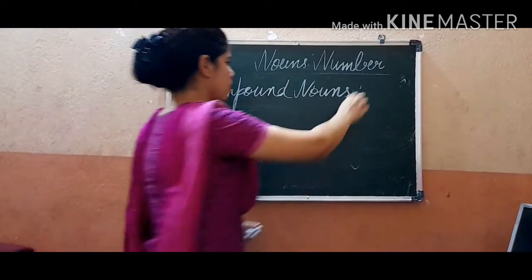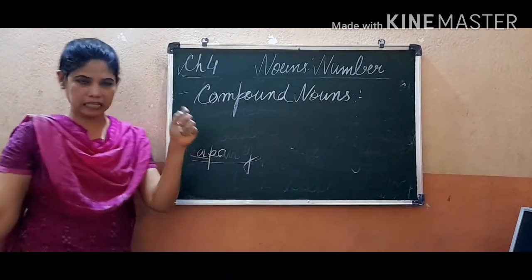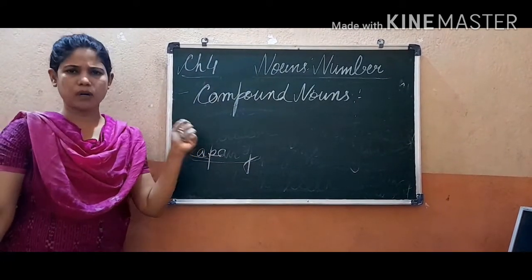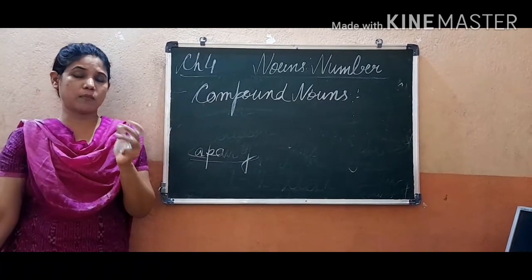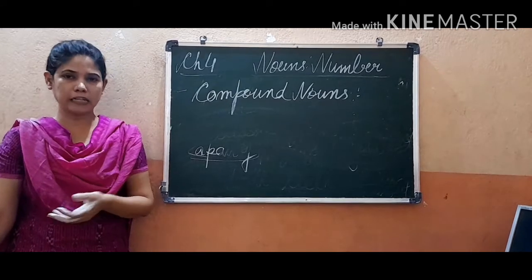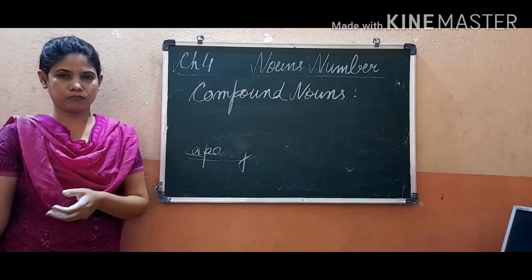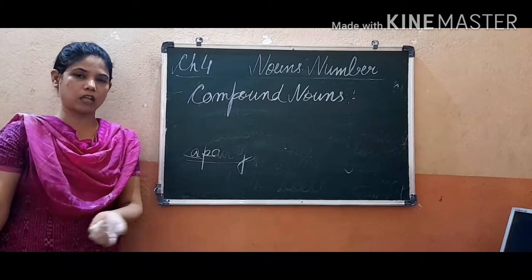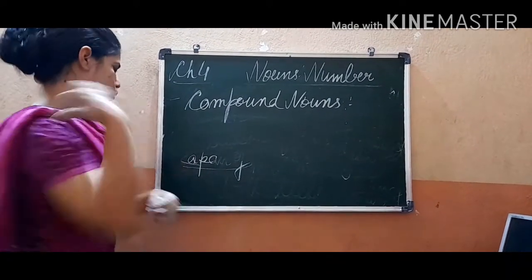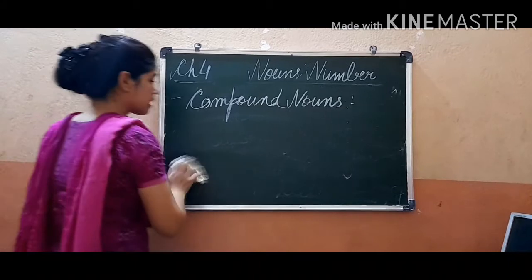Compound nouns always take s with the main word. Compound noun means there are two or three words together, like commander-in-chief, father-in-law, mother-in-law, son-in-law, maid-servant, stepfather, stepmother, stepson and stepdaughter.